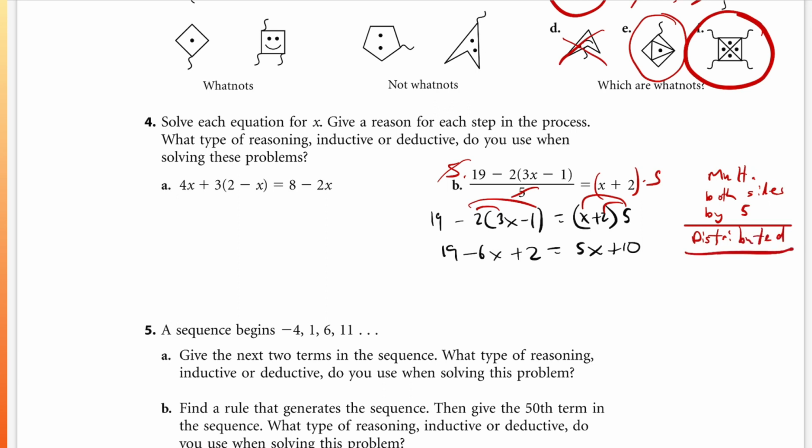All right, the next step is going to be, let's combine these like terms. 19 plus 2 is 21. Combine like terms, I'm going to abbreviate that CLT. And now I'm going to add 6x to both sides.